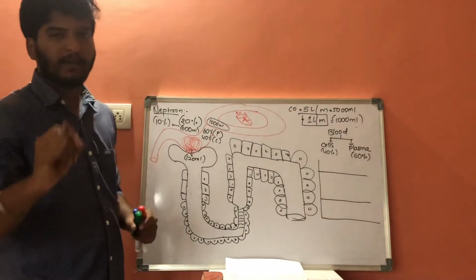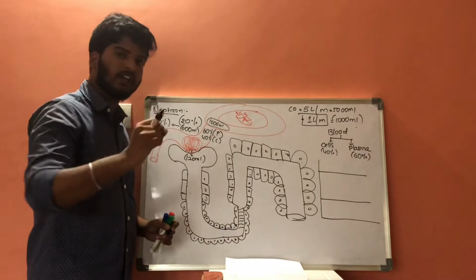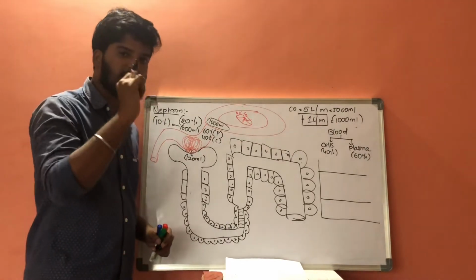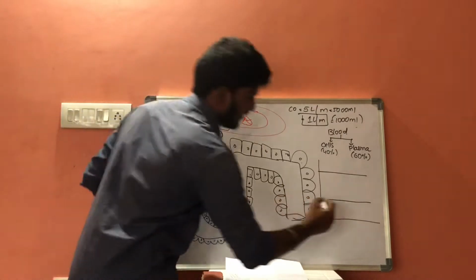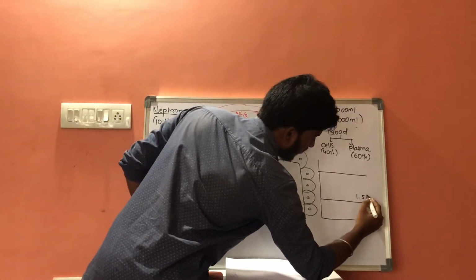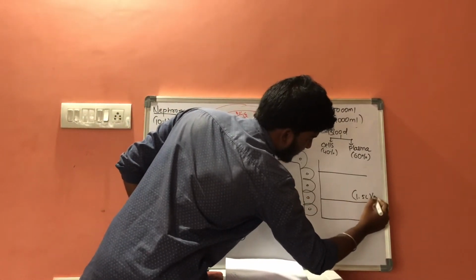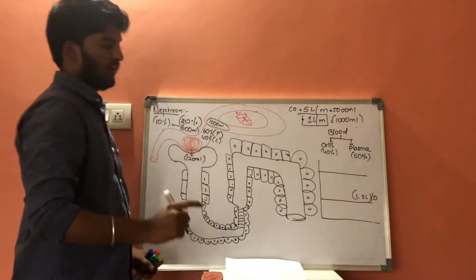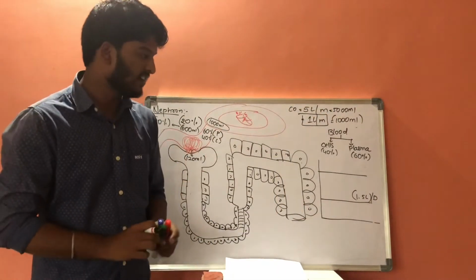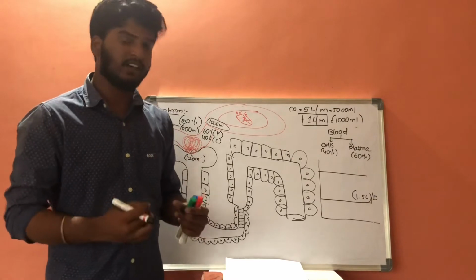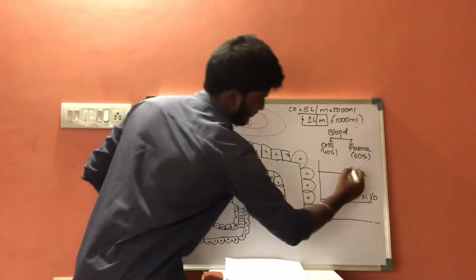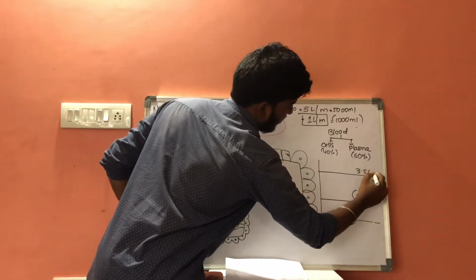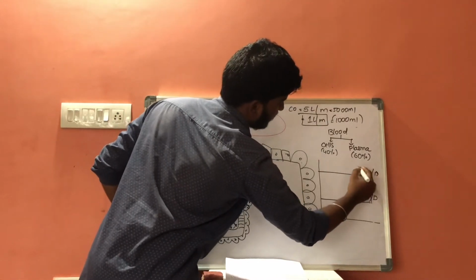The normal amount of urine which is excreted from a healthy individual for 1 day is about 1.5 liters per day. This is normal. Whereas this 1.5 can be increased up to 3.5 liters per day.